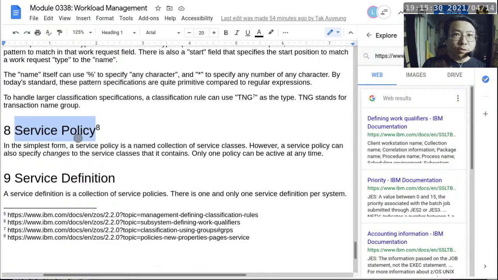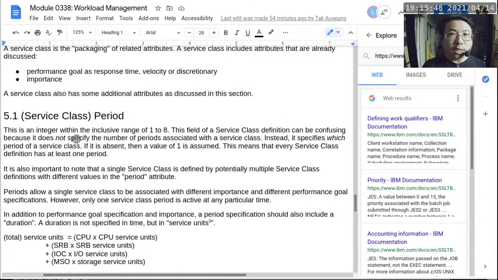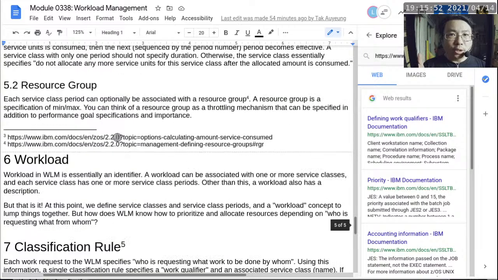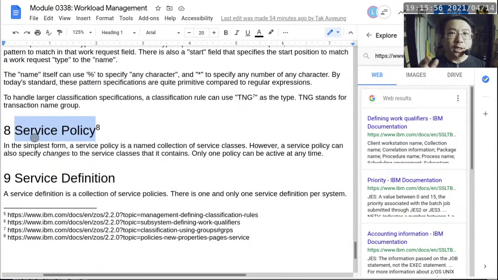The other surface policy can say, look at the very same surface classes, but make changes. Now, what kind of changes are we talking about? We can change the performance goal, we can change the importance, we can change a whole lot of things. Just about anything that we defined up here when we talked about surface class can be overridden when we include a surface class reference in a surface policy.